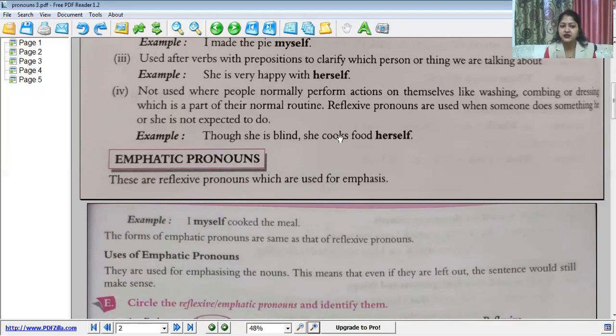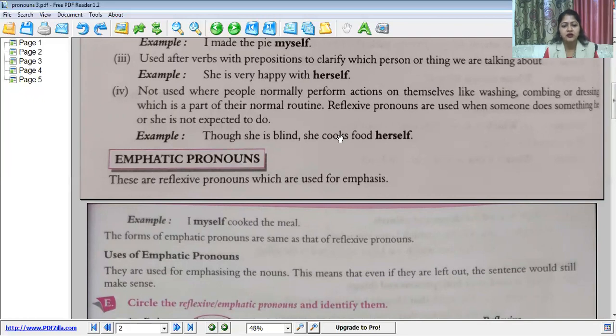I myself is adding more stress on, putting more emphasis on. Okay, children. Now, the example is I myself cooked the meal. We'll come across some more examples also in the exercises to follow. Okay. She herself made the pie. That is also an example of emphatic pronouns.